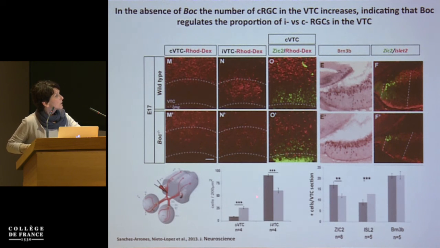As you can see, there is a strong reduction of SIC2 positive cells, while there is an increase of contralateral projecting axons within this region, which is also supported by this retrograde tracing of the fibers from the contralateral optic tract.